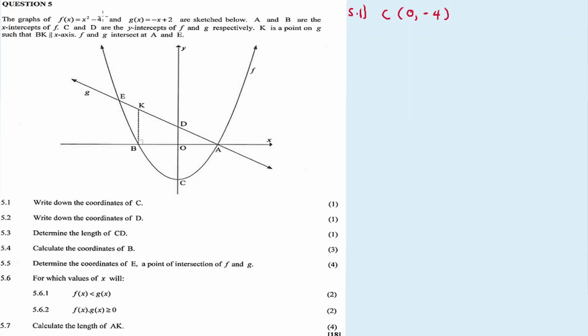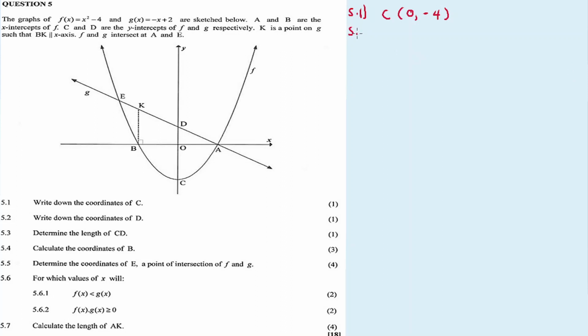Why? The constant, the 4, is always taken as the y-intercept of the parabola. So that's why we need (0; -4). We don't need to calculate, only write down. You just look at your function, and the y-intercept is always this constant value.